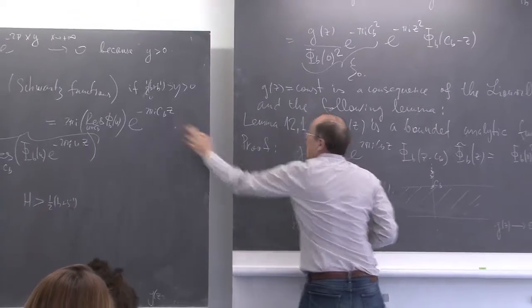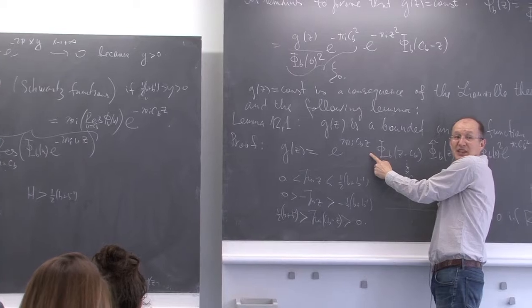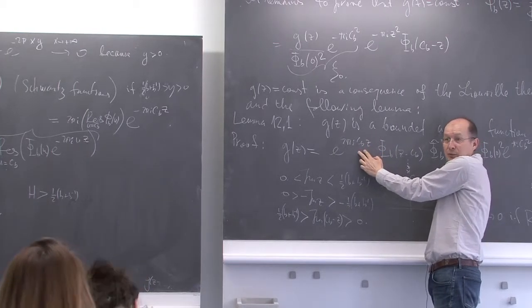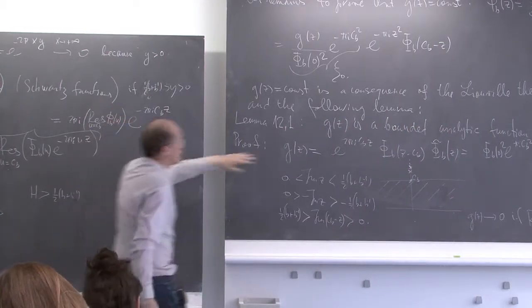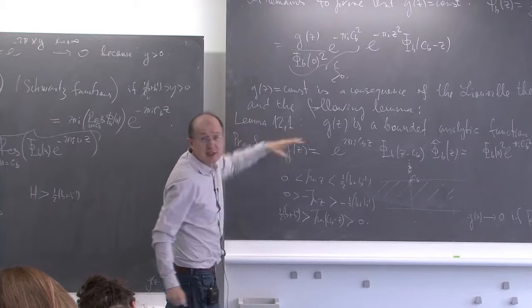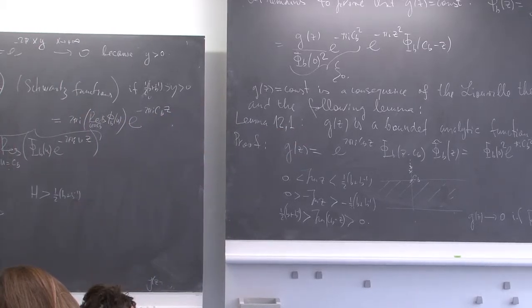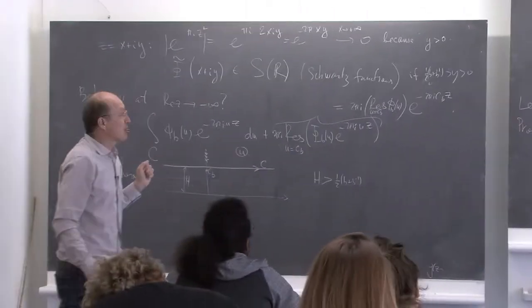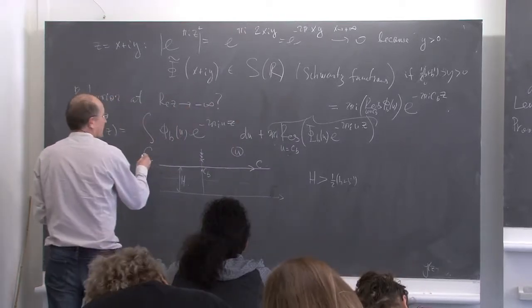Times the negative exponent of that. So it exactly cancels this growing term. And so this part, which enters into the expression for g, stays bounded. Right? And actually it stays constant.